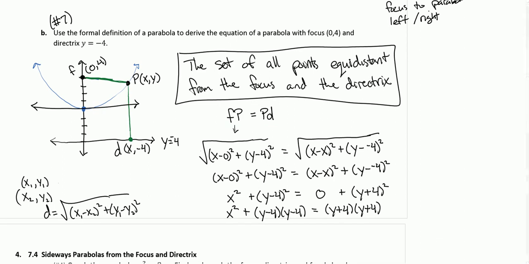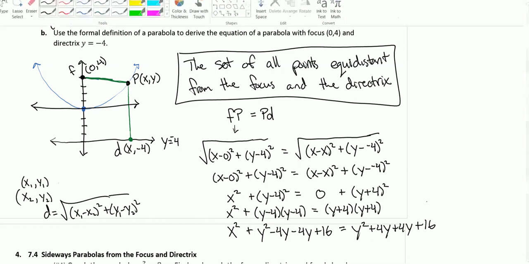Y minus 4 times y minus 4 is going to give us, so we got x squared plus y squared minus 4y minus 4y plus 16 is equal to y squared plus 4y plus 4y plus 16.